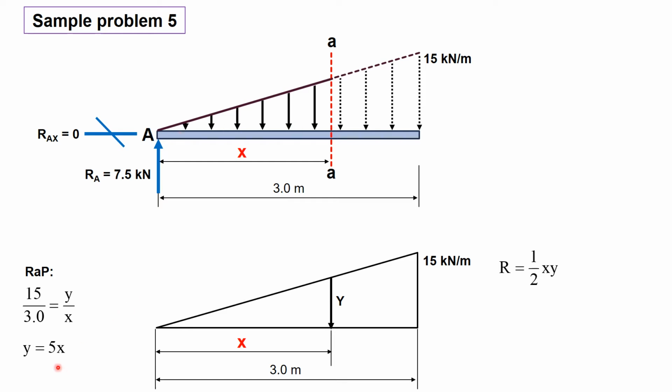And y is 5x, so that R is 1/2 multiplied by x multiplied by y, which is 5x, or R is 2.5x squared. And this is the equivalent single force. And of course, we need to locate this from the imaginary cutting plane. So we will just get the center of this triangle measured from here, and it is x over 3.